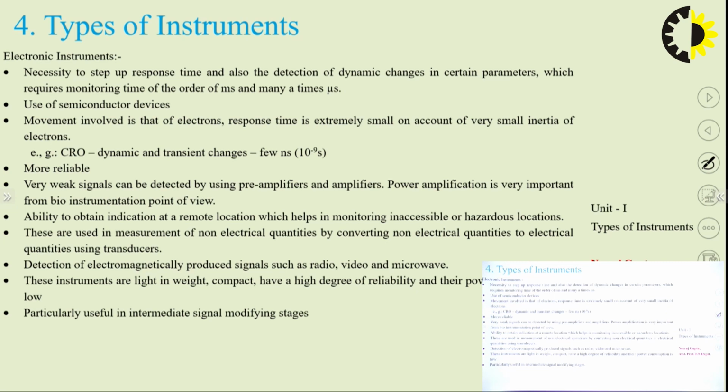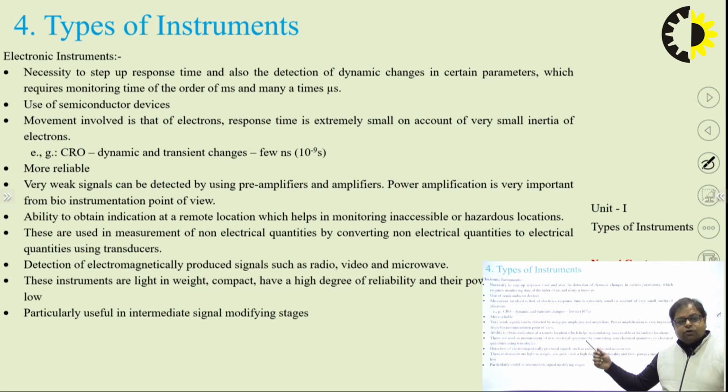That means it was required to be improved, and also the detection of dynamic changes in certain pressure parameters, which requires monitoring time of the order of milliseconds and many times microseconds. So, the delay between the variation in the input and getting an output from the device should be of the order of milliseconds and microseconds.